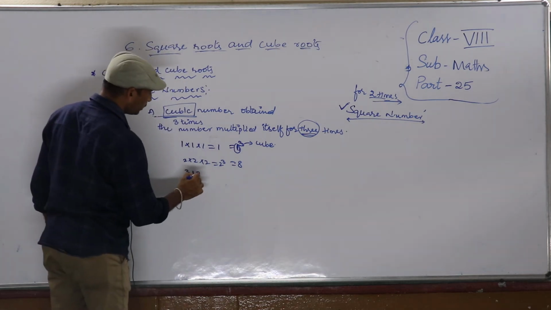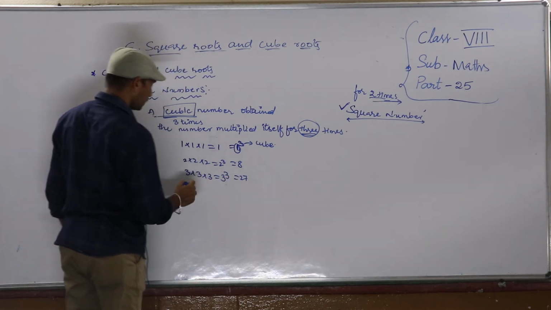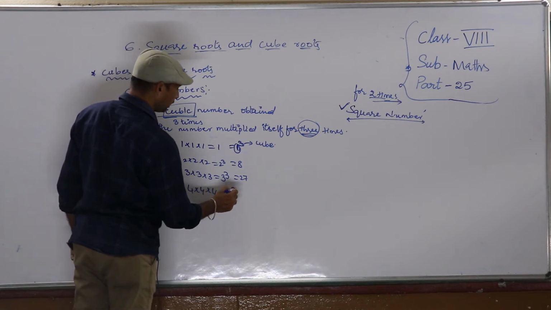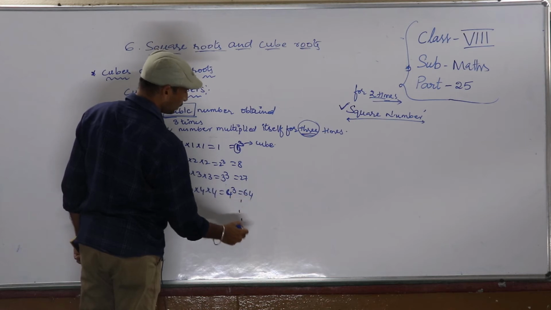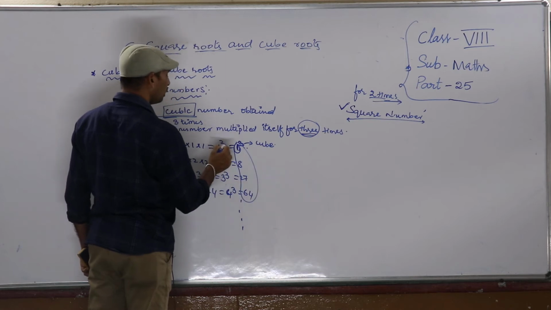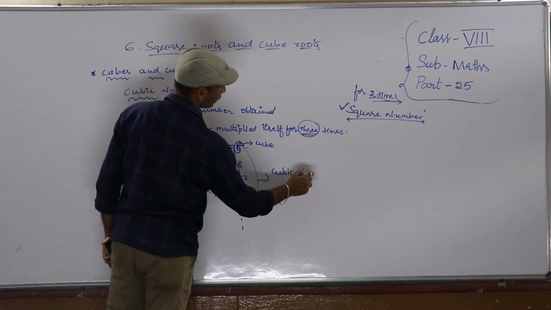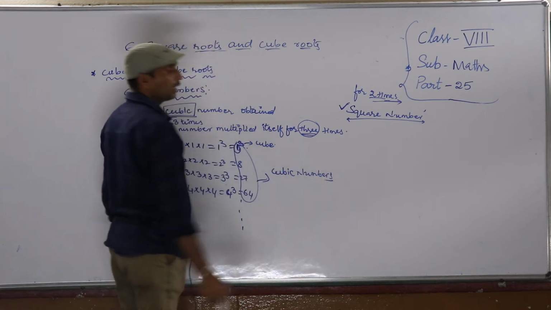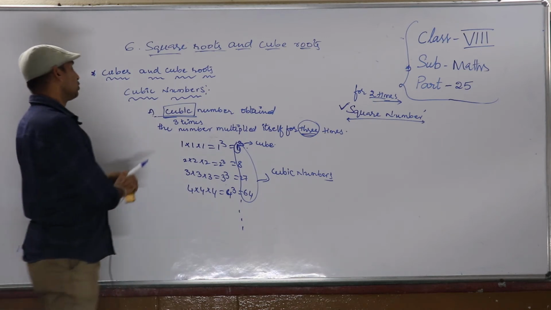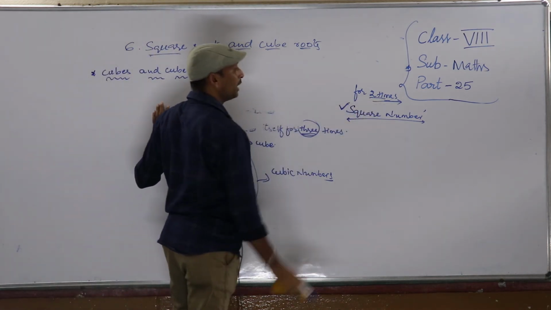Here 3 into 3 into 3, 3 cube, 27. 4 into 4 into 4, 4 power 3, 64. So these numbers are called what, children? Cubic numbers. Here 3 times we are multiplying a number by itself, same as in the square numbers.